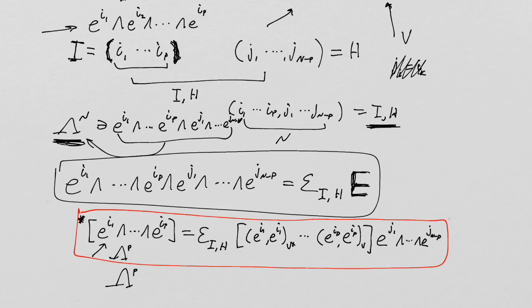And you can see how the logic works here. You choose these I's through p's, that choice lands here, and that choice lands here.